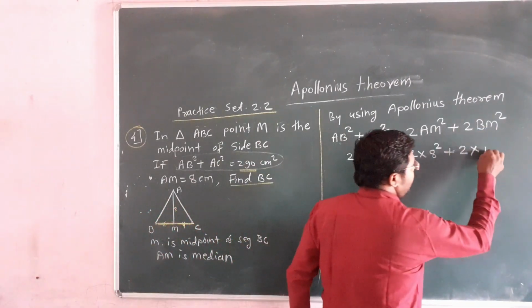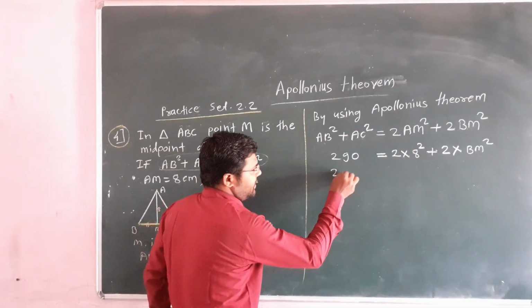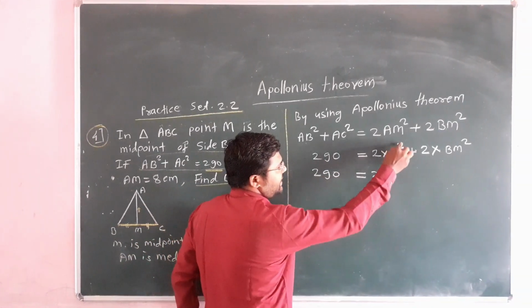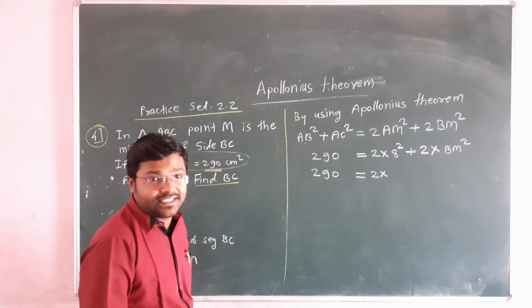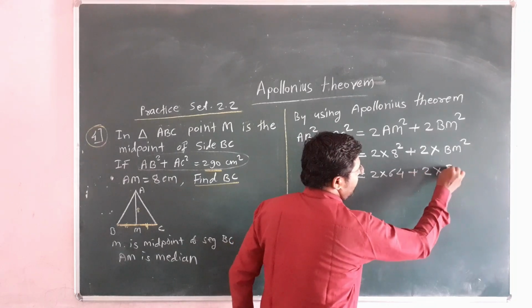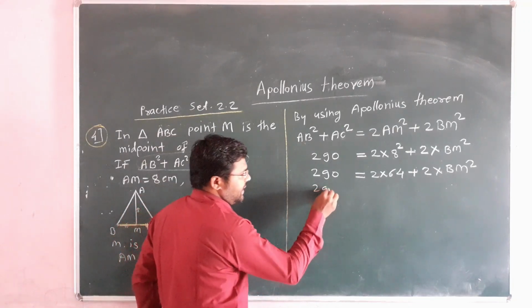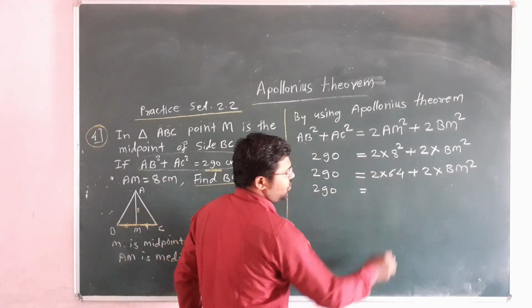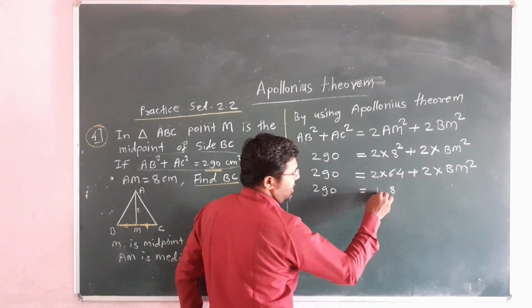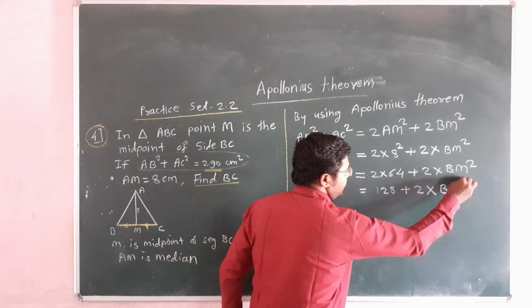Now 290 is equal to 2 into the square of 8. The square of 8 is 64 plus 2 into BM square. So 290 is equal to 64 into 2. 2 4s are 8, 2 6s are 12, so 128 plus 2 into BM square.